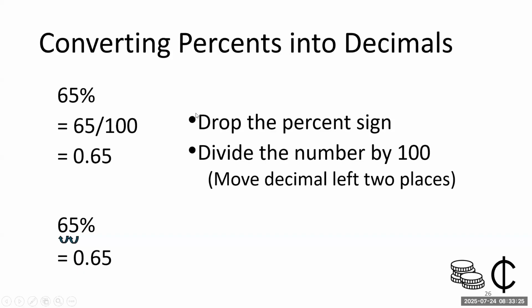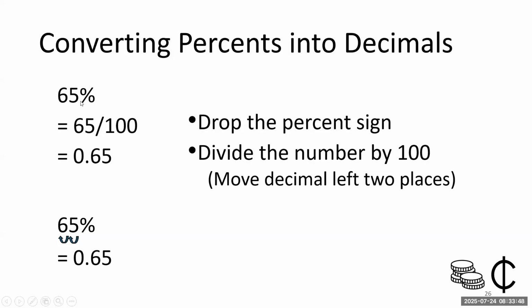Another quicker way to do it, if you don't want to plug that into your calculator every time, is just to scoot your decimal place over to the left 2 places. That's a shorthand. So with 65%, the whole number 65, you've got a little invisible decimal after the 5.